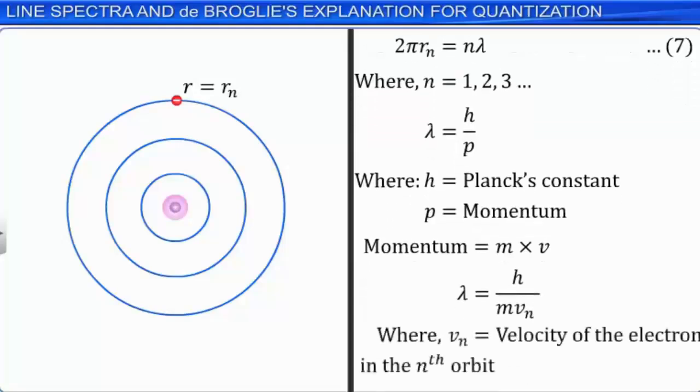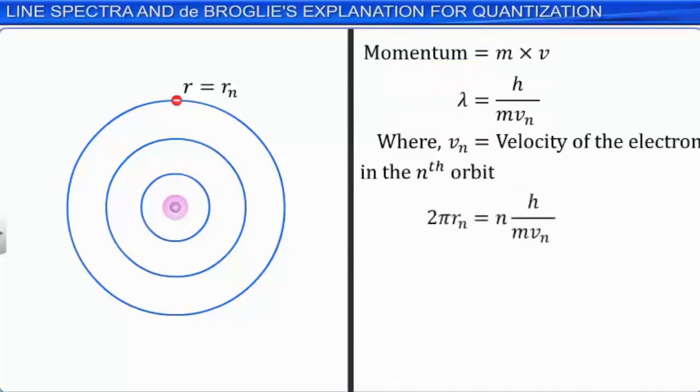Substituting the value of lambda in equation 7, we have 2 pi rn is equal to nh by m vn. Rearranging the equation, we get m vn rn is equal to nh by 2 pi. Let this be equation 8. Thus, the angular momentum of an electron is quantized. The quantized electron orbits and energies are due to the wave nature of the electron. Equation 8 is nothing but Bohr's second postulate.